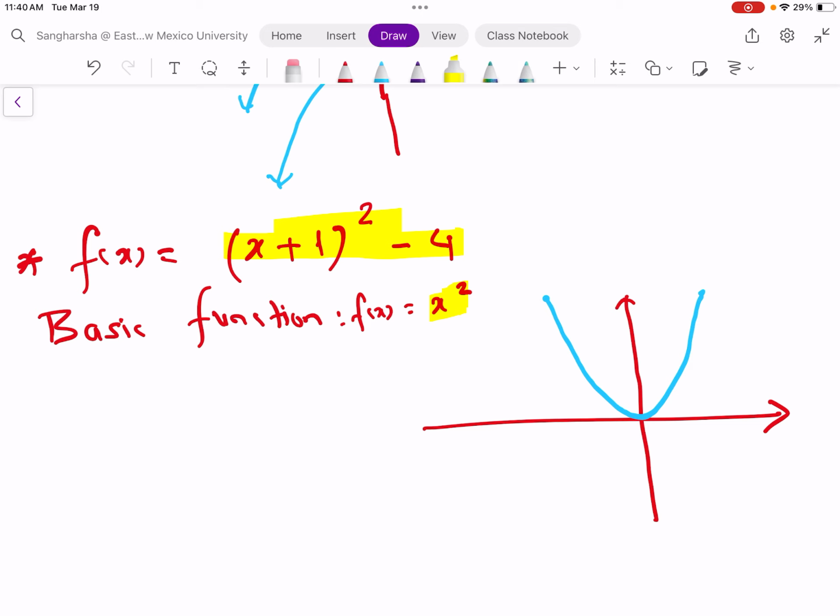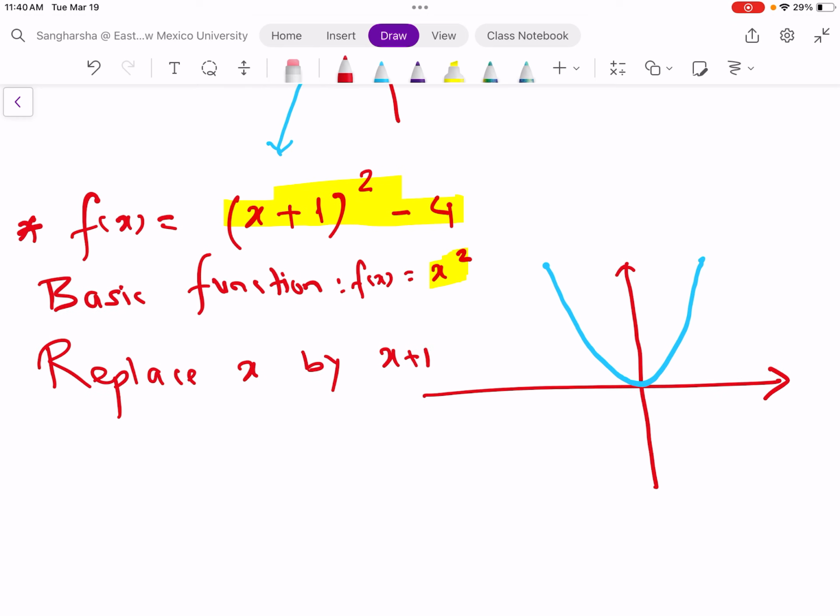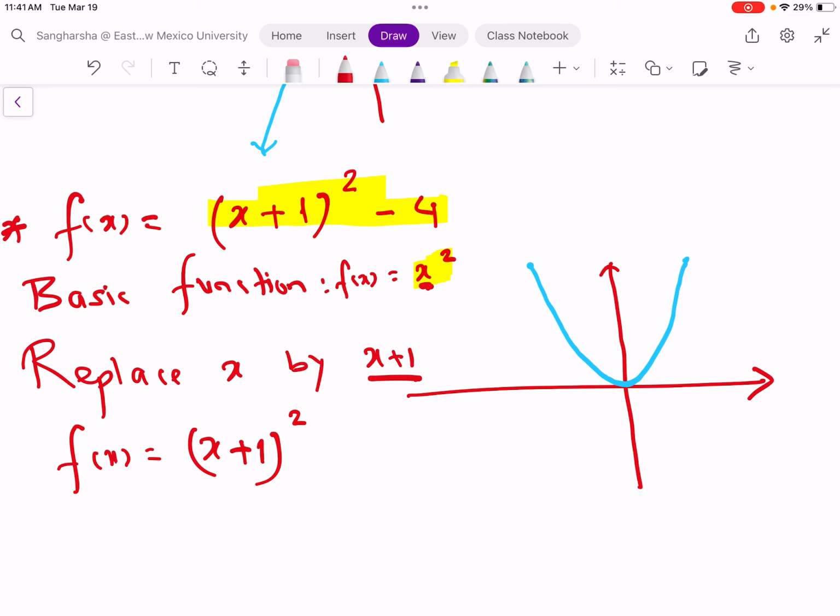So let's replace x of the basic function by x plus 1. Now let's see what happens. We have f of x equals, for this x, we have x plus 1, and square. Now, if you are replacing x of a function by x plus 1, the graph does not remain the same.